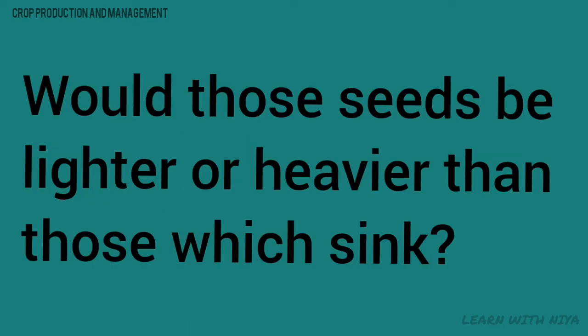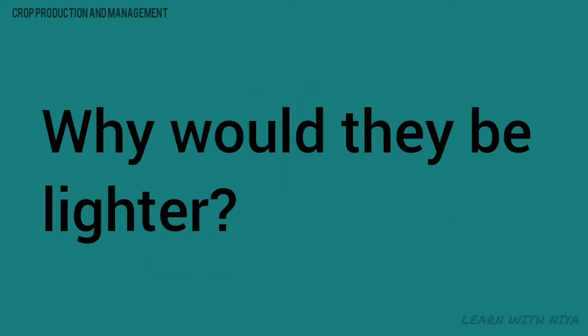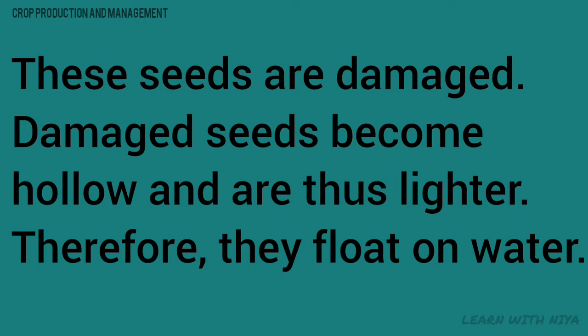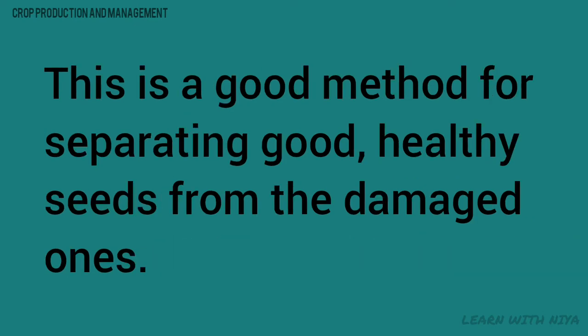Would those seeds be lighter or heavier than those which sink? Why would they be lighter? These seeds are damaged. Damaged seeds become hollow and are thus lighter. Therefore, they float on water. This is a good method for separating good, healthy seeds from the damaged ones.